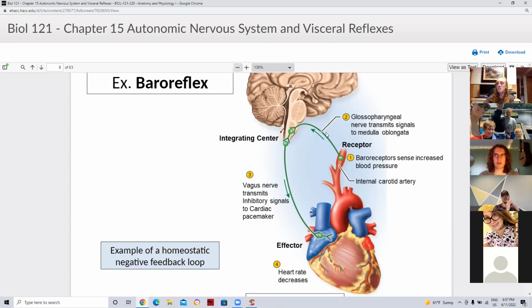It sends a signal to the medulla oblongata. And the vagus nerve sends out a signal to the cardiac pacemakers that are setting up the rhythm of the heart, inhibiting the heart rate and slowing it down. How do you think it slows it down?